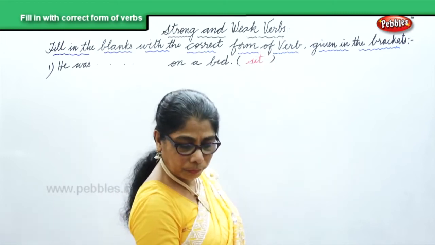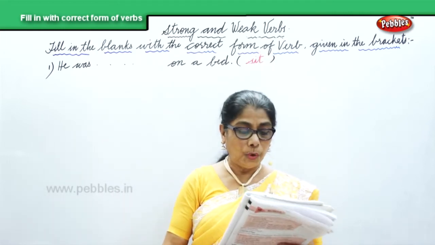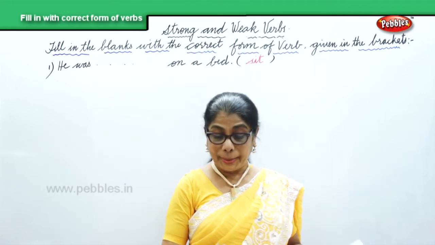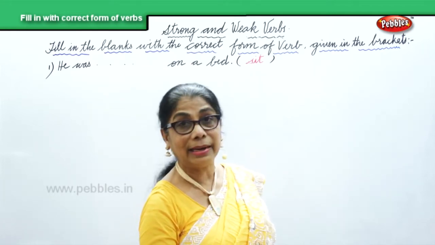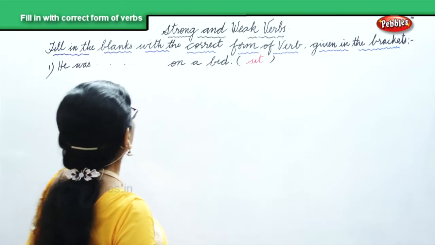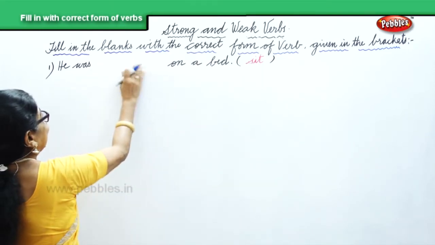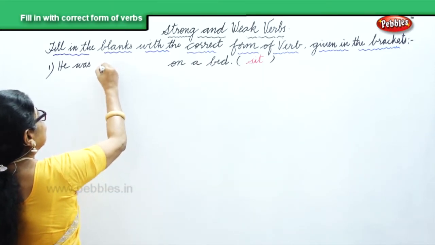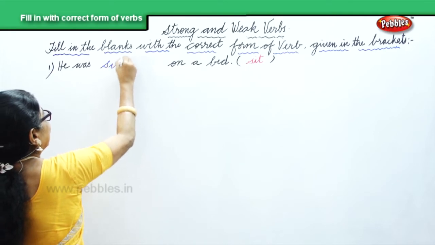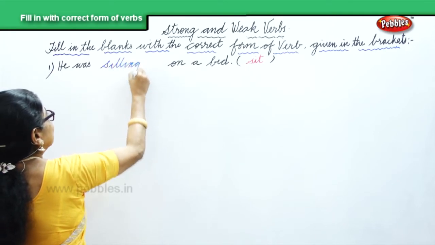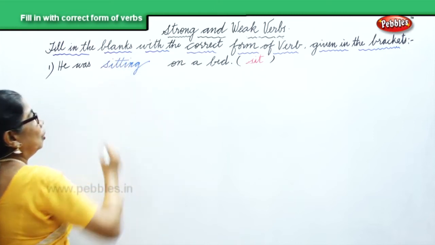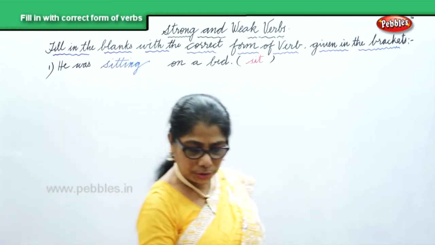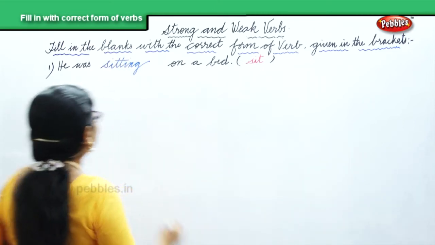Now, what will you do? He was dash on a bed. What will be the correct answer? He was sitting. Very good. He was sitting on a bed. Now we go to the next one.